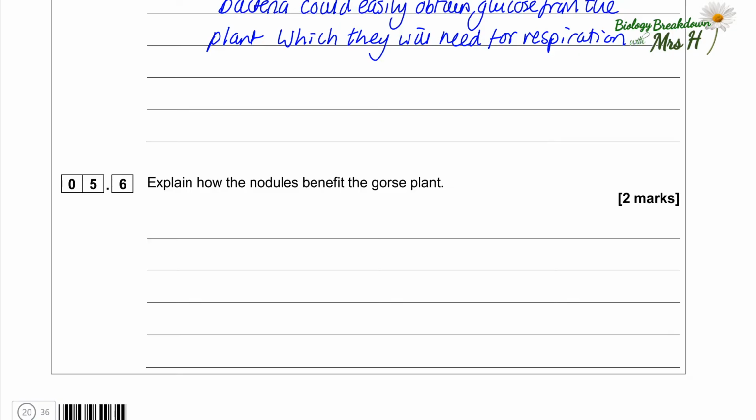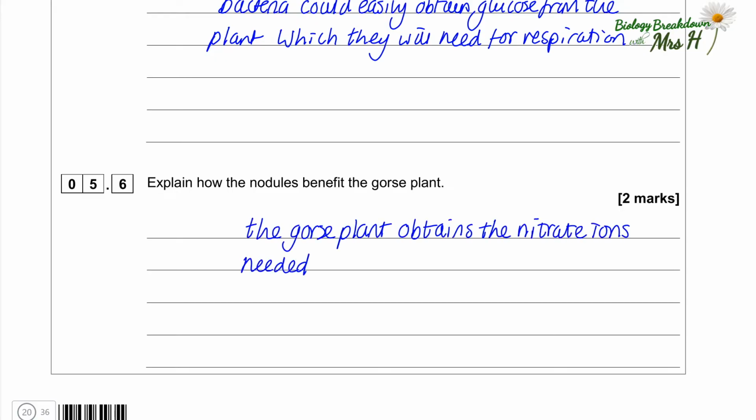The information to help you with that is at the top of the question, but I think it's quite tricky as well. You have to remember that amino acids have nitrogen in them. So if the Gauss plant obtains nitrate ions, it will be able to make plant amino acids and plant proteins.